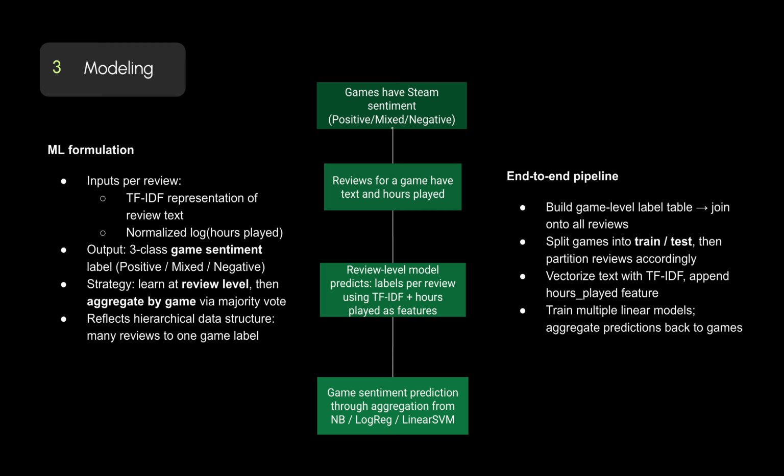to modeling, in terms of formulating it as a machine learning problem, we have the inputs of the review text as represented by TF-IDF, and we have the normalized hours played for each review.